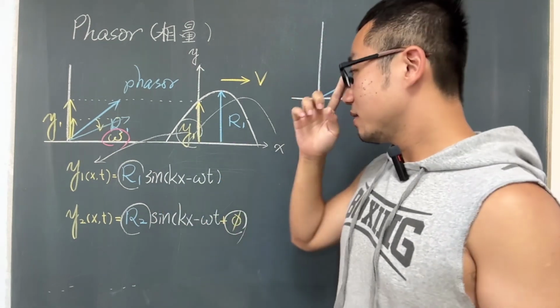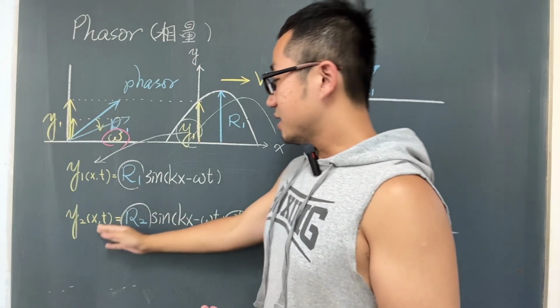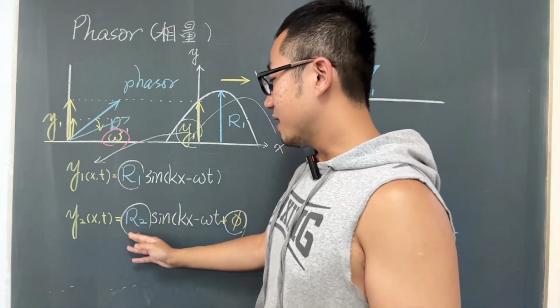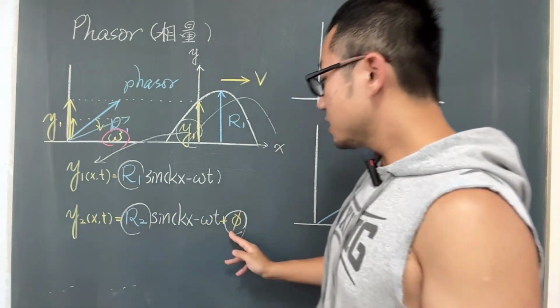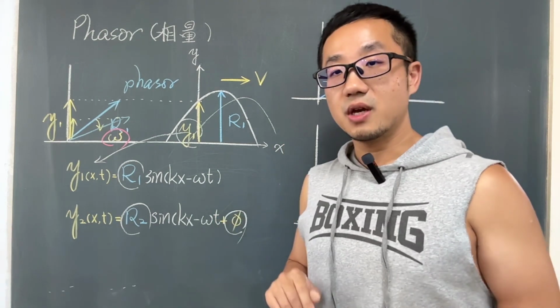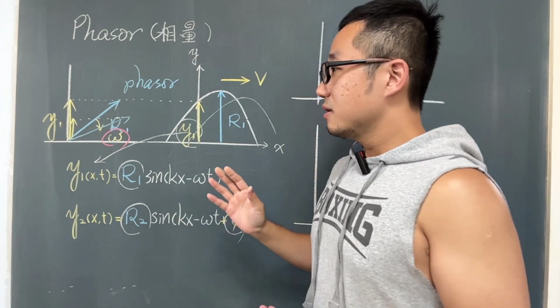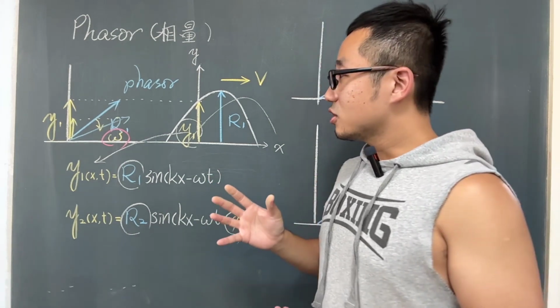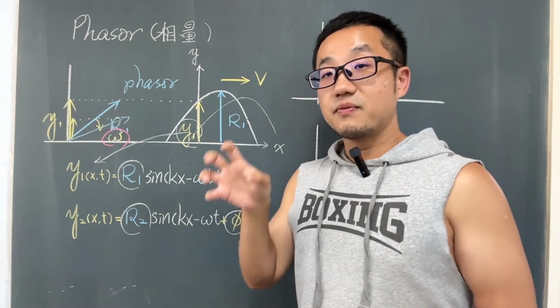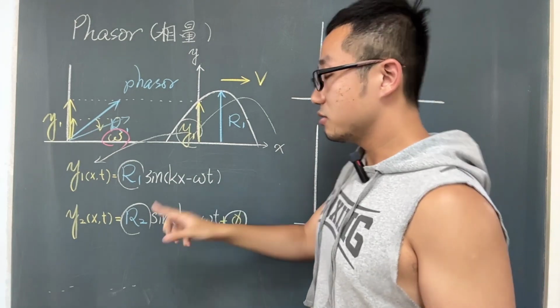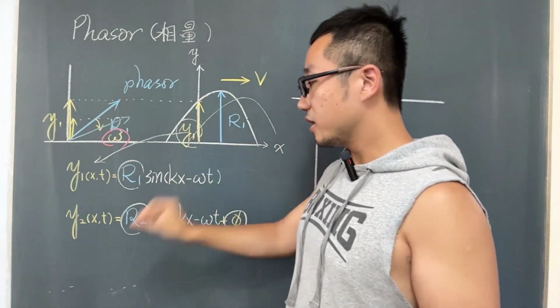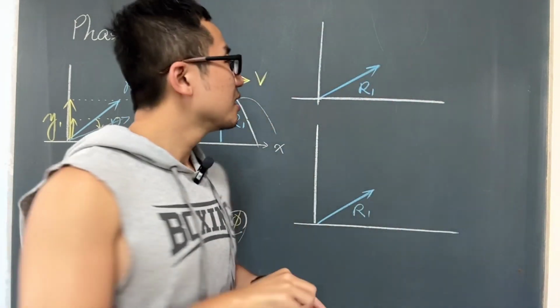All right, so imagine if I got a second wave. The second wave has a different amplitude, and there's a phase difference between the first and the second wave. And how to combine these two waves? The trick is I can just treat them like vectors. First, I'll show you how to draw the phasor of our second wave.